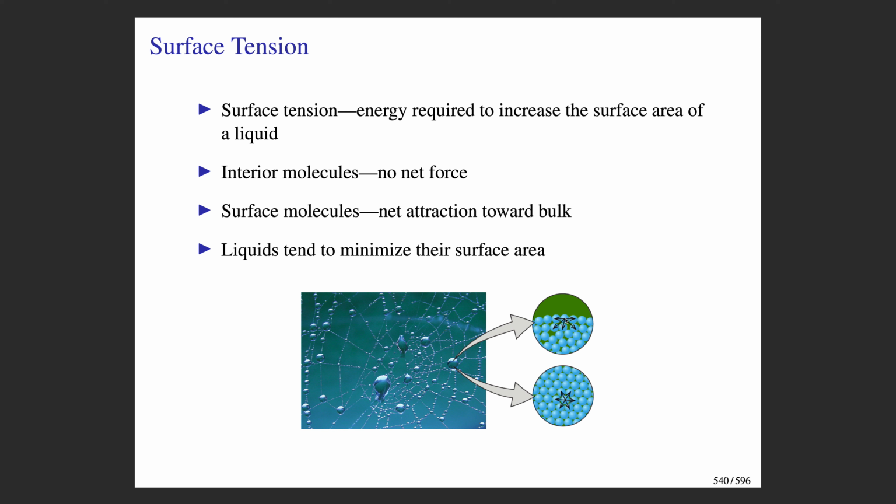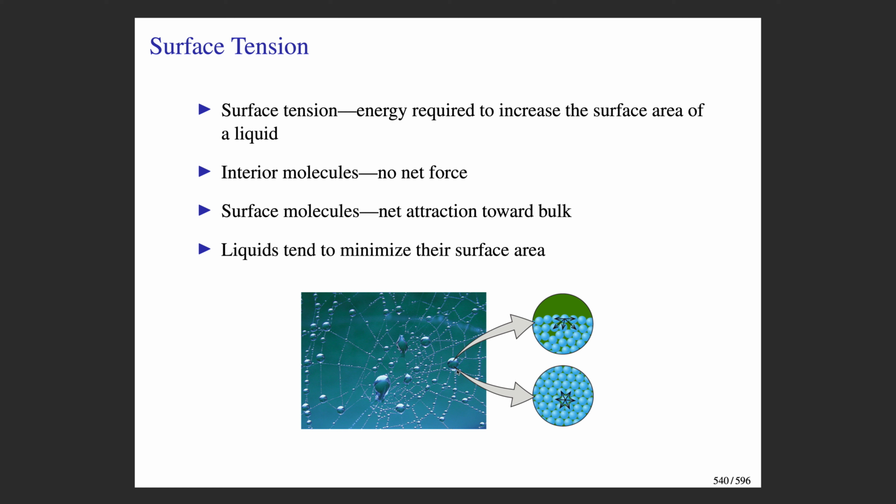And then compare that to a liquid at the surface, the interface between the water and the air. Here there is an attractive force towards the bulk, and there's no attractive force out into the air, and so this leads to what we call the surface tension of the liquid, and it causes liquids to tend to minimize their surface area.